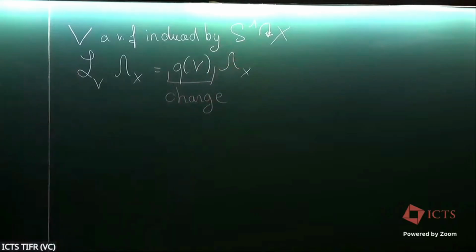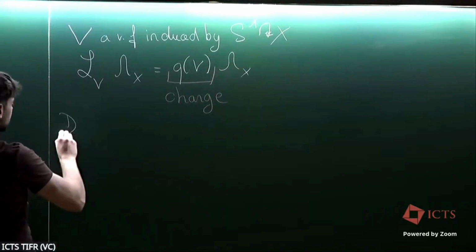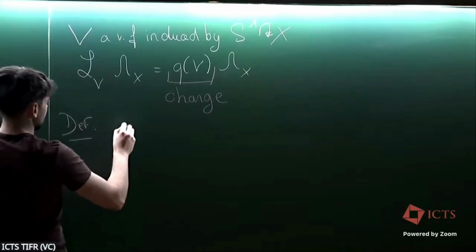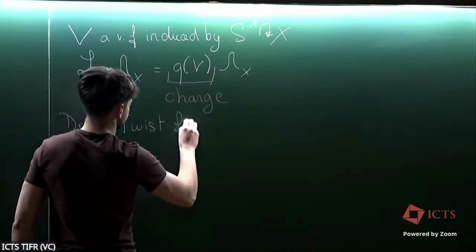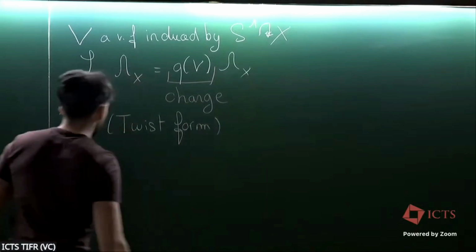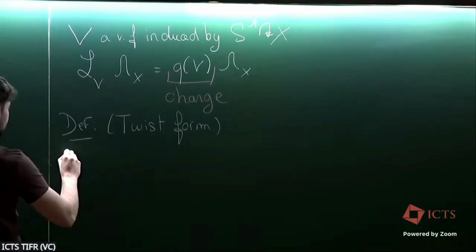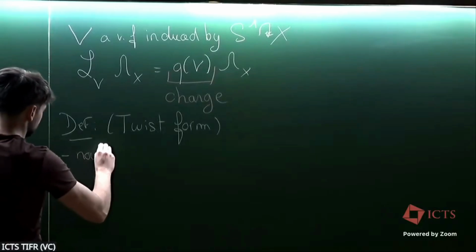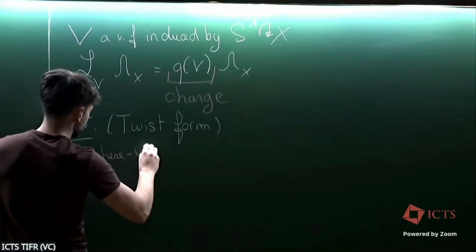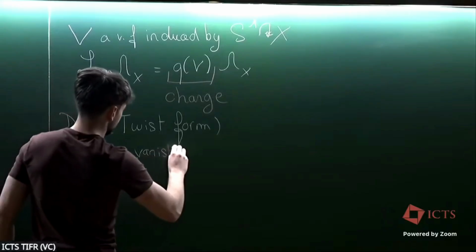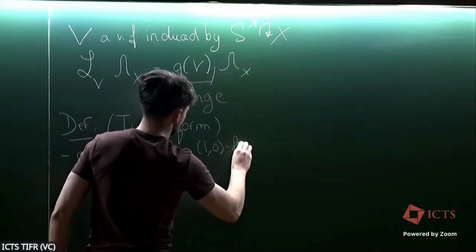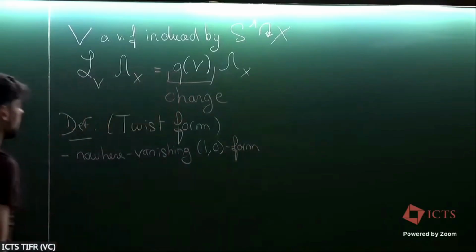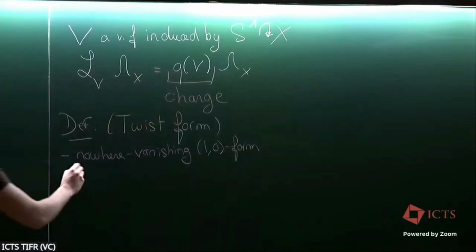Okay, and so a twist form is a nowhere vanishing, a really important condition, 1-0 form, which is horizontal.